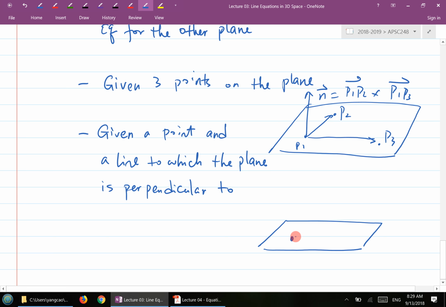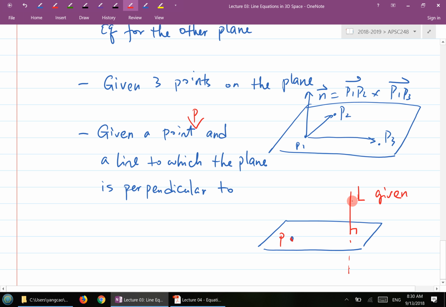You've got a point on the plane here, which is the given point P, right? And now you also have a line given. This line L is also given, and this line L is perpendicular to this plane we're looking for. And what will be the plane equation? Once we learn the line equation, you will be able to solve that very easily.